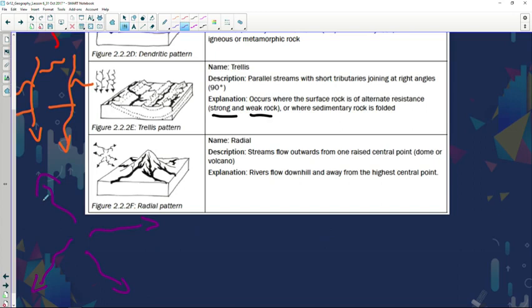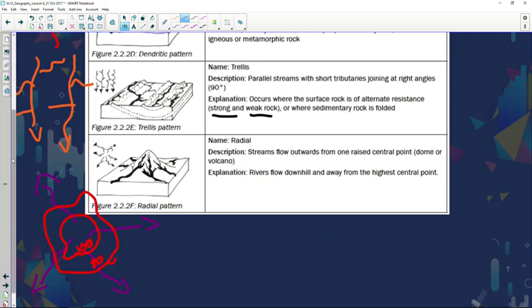Very importantly, how you're going to identify that on a topographical map is you're going to look at the contour lines. The contour lines are going to decrease outwards.